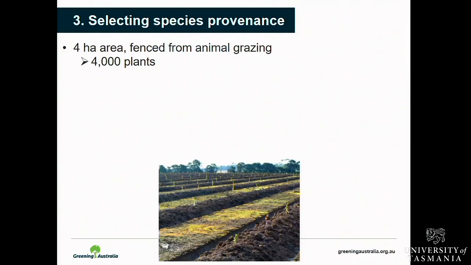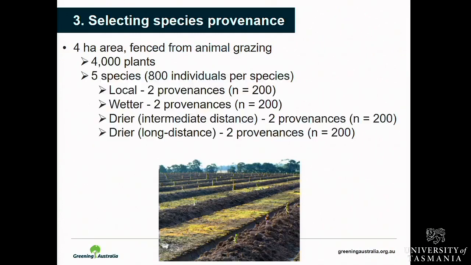In each of these areas there'd be 4,000 plants. These would be made up of 5 different species, so 800 individuals per species, and these would be from local provenance, wetter provenances, drier provenances at an intermediate distance, and drier provenances from a further distance away. And these species would be repeated across the whole landscape.